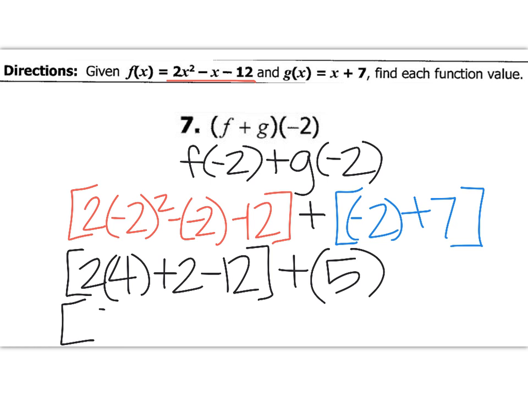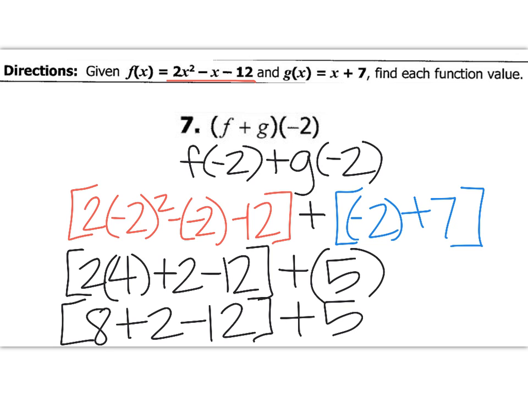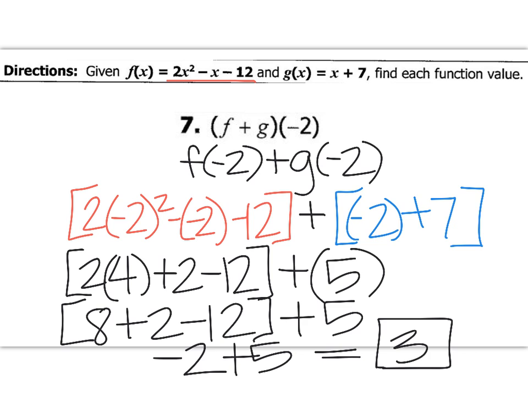Then this becomes 8 plus 2 minus 12 plus 5. 8 plus 2 is 10, minus 12 gives us negative 2, plus 5, and our final answer is 3. So instead of getting an expression as our final answer, we get a whole number. Our final answer is 3. That's where these slightly differ from the previous problems.